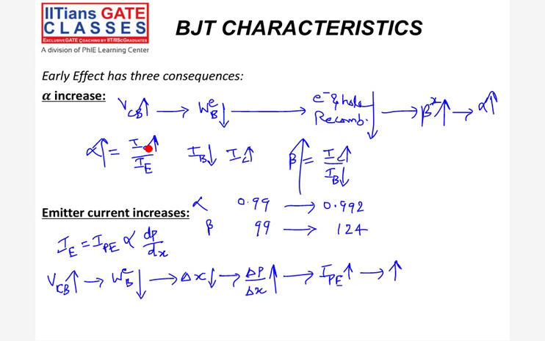So overall IC is increased to a large extent. So these are the things. These are 2 points we need to remember: first alpha increases, second emitter current increases, and emitter current increase also says that there is an interaction between emitter and collector junctions. So those are the things here.